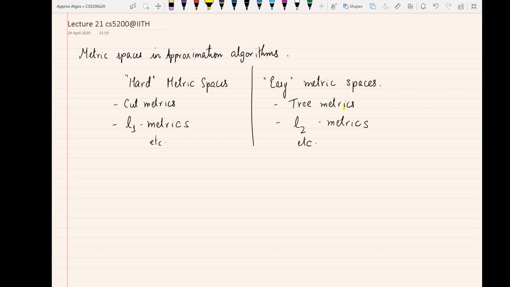Now, the easy metric space that we would want to work with in today's class is the class of tree metrics.